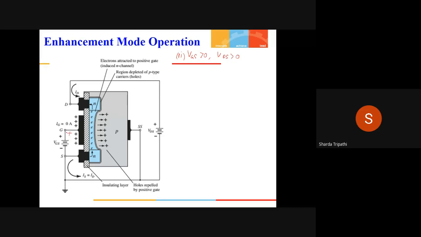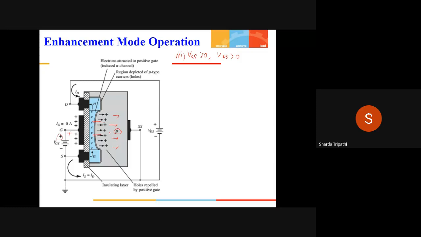So this positive voltage tries to repel the holes, which are the majority carriers in this p-type region, further back into the deeper p regions, and in turn it attracts the electrons towards this insulating layer. So because this was positive, this will try to repel the holes away and in turn attract the electrons, which are the minority carriers in this p-type region.